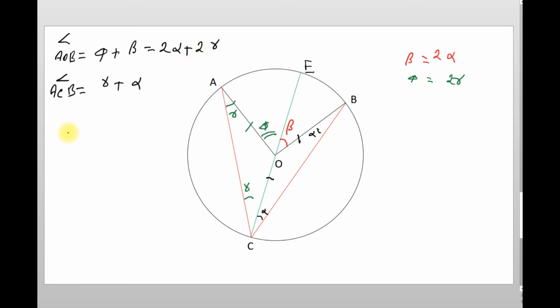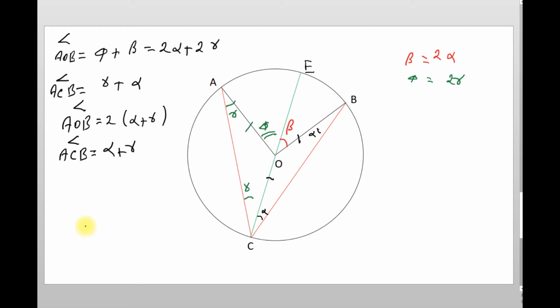Therefore, if we look at these two relationships, AOB is equal to 2 times alpha plus gamma, and ACB is equal to just alpha plus gamma.